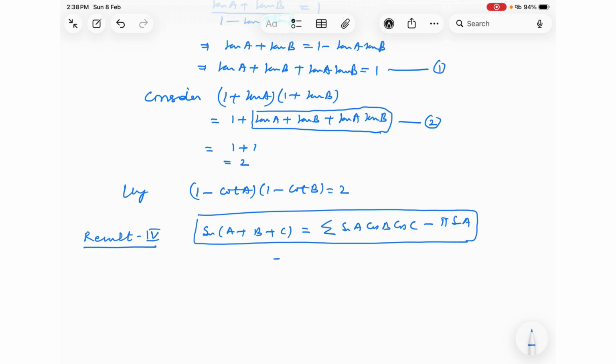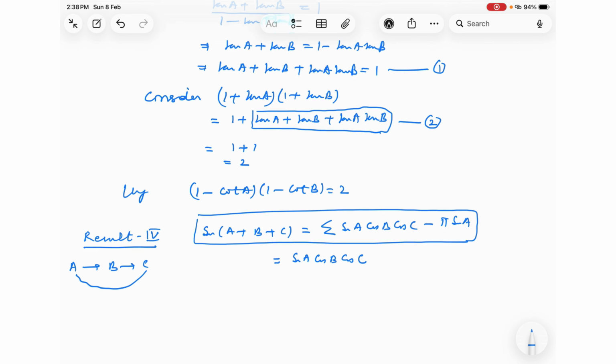Now sigma sine A cos B cos C, what does it mean? It means it is sine A cos B cos C, cyclically changing A to B, B to C, C to A. So this sigma means sum of 3 terms.